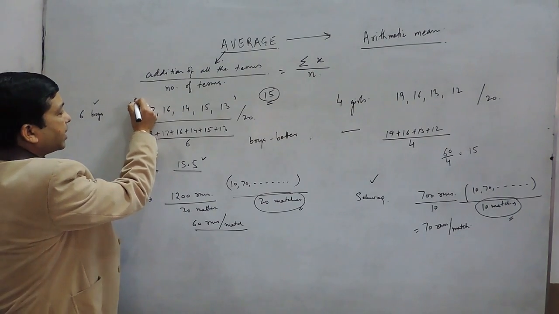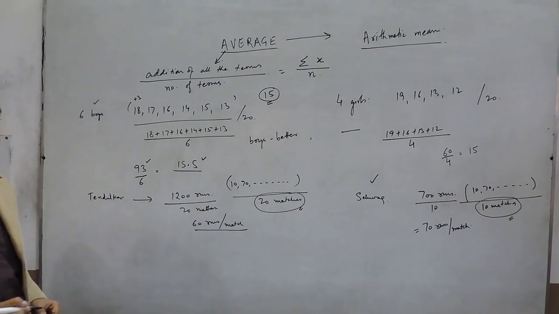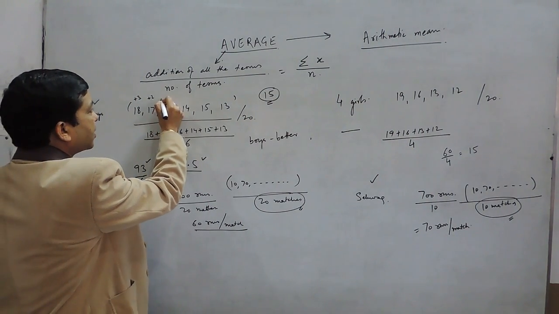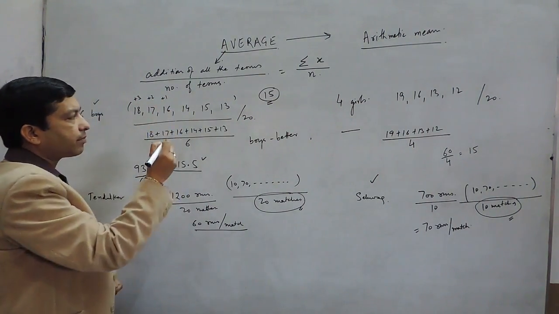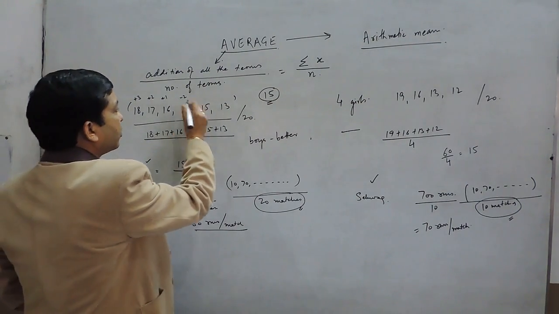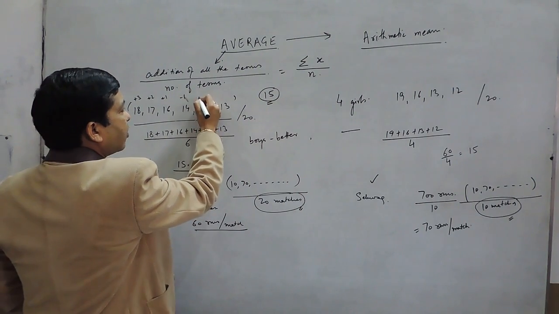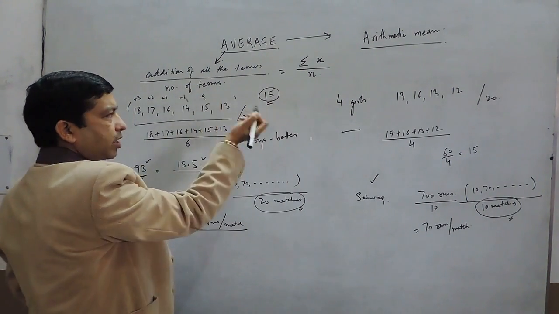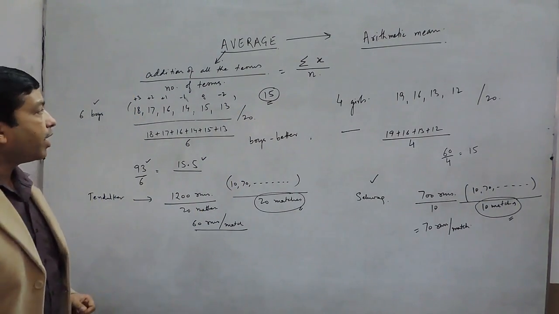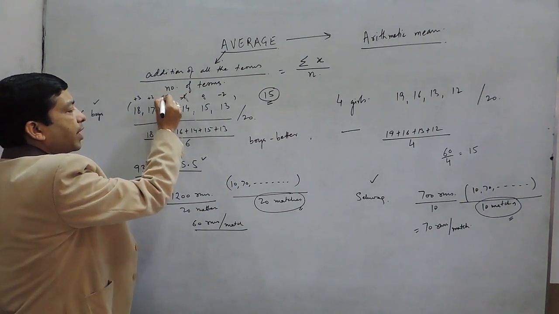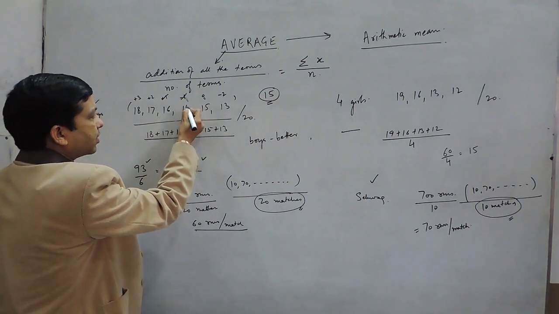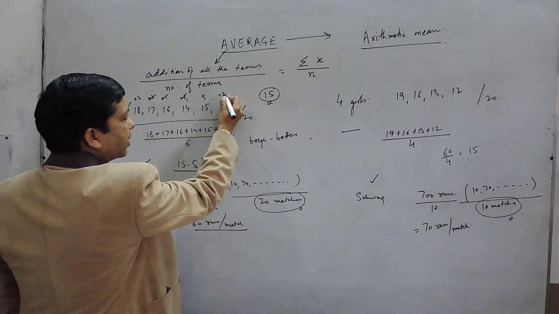Now, I know that this is 3 more than 15, this value is 2 more than 15, this value is 1 more than 15, this value is 2 less than 15, this is 1 less than 15, this value is equal to 15 or 0 difference, and this value is 2 less than 15. Now, the minus 1 or plus 1 can be interchanged, or one value we give from this to this. In the same way, 2 values I am giving from this to this.